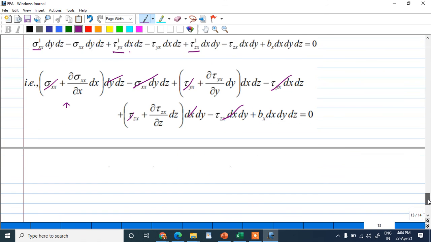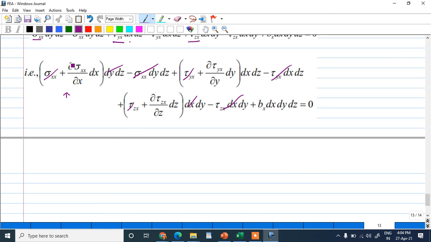The final equation will be, let me write here, partial sigma xx by partial x, with dx there, multiplied by dx dy dz.